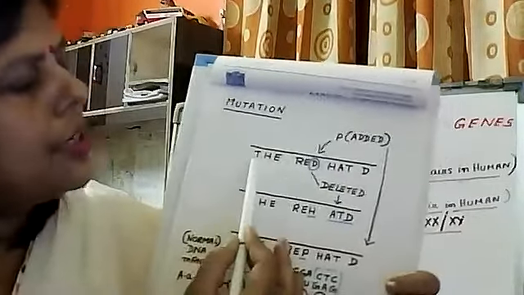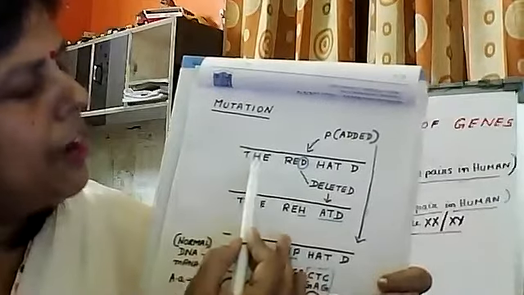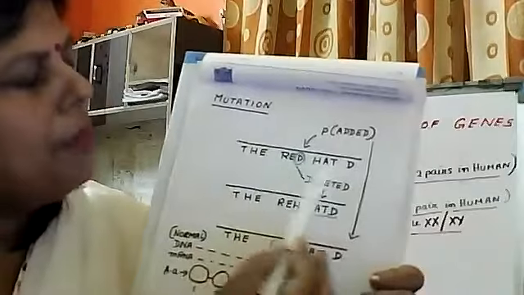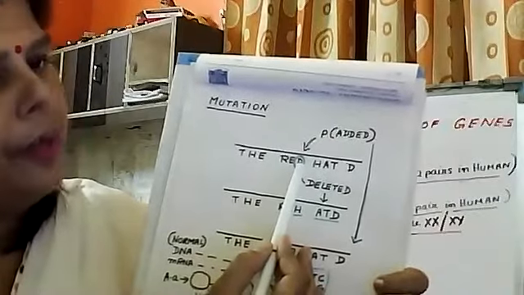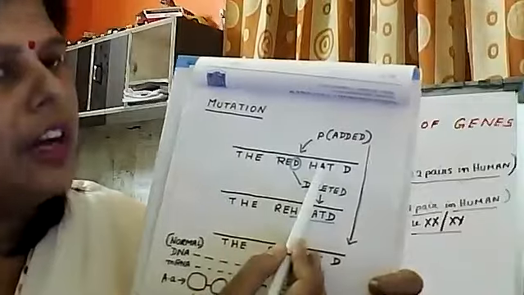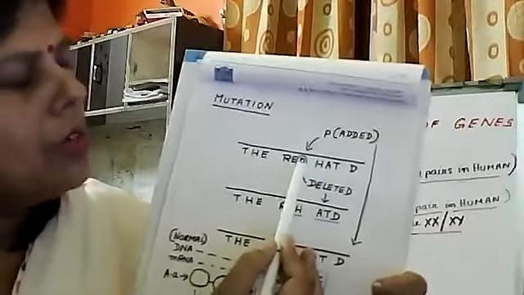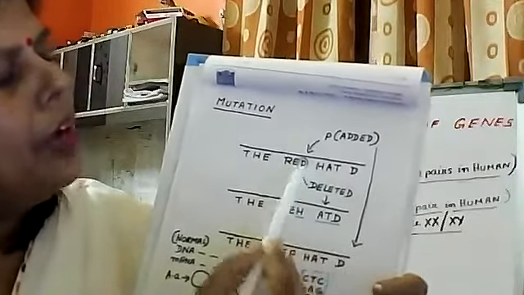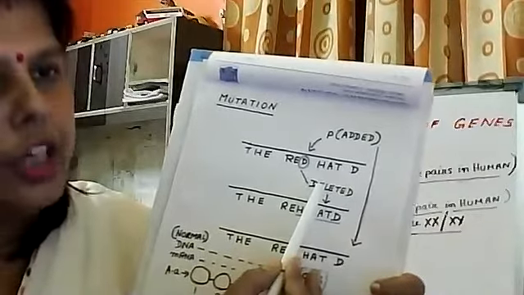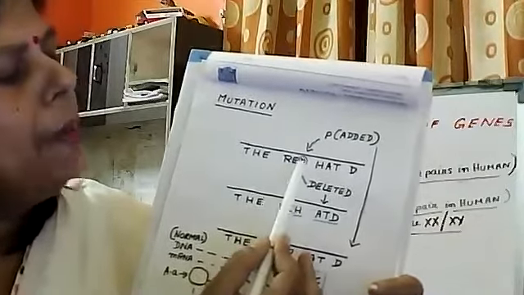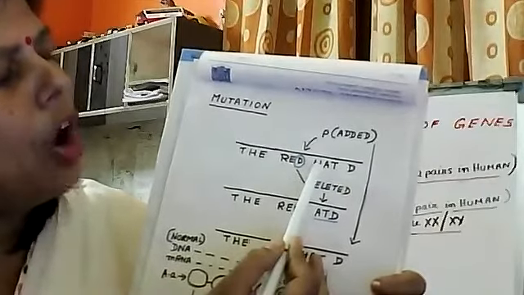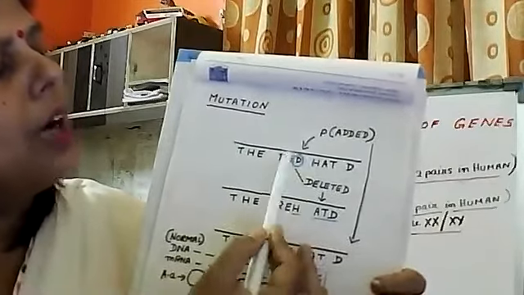Now here, instead of reading it as just red hat D, I have written it this way, so at least you have an idea what we are talking about. Suddenly if this D is deleted or removed for some reaction, then what will happen? D will be removed, and the shifting of the genes will take place from the other side.